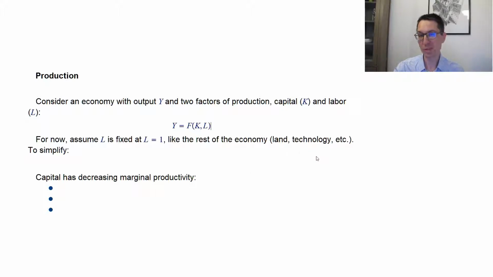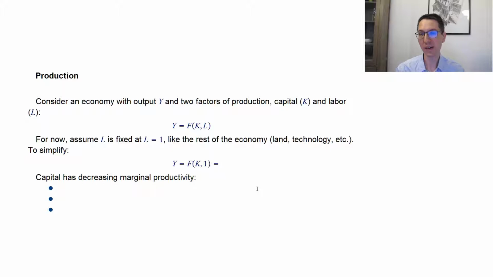Why do we start with this? Well, because it's perfectly fine. It's enough to look at most of what's interesting in the Solow model, and then we can add complexity once we understand the basics. So let us write it this way: Y equals f of k, 1.